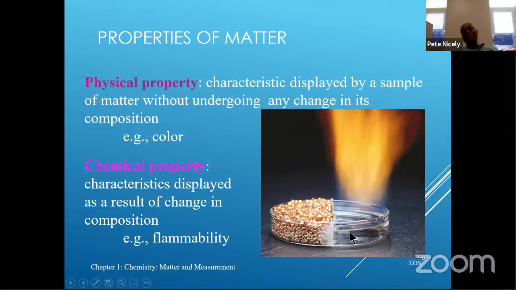And then on the right side of the dish, there's a substance, ethanol, and you see that it's ignited, right? So you see the flame shooting up. What's happening here is that the ethanol is undergoing combustion. And that's an example of a chemical property displayed by ethanol, all right? So that's what this is demonstrating.